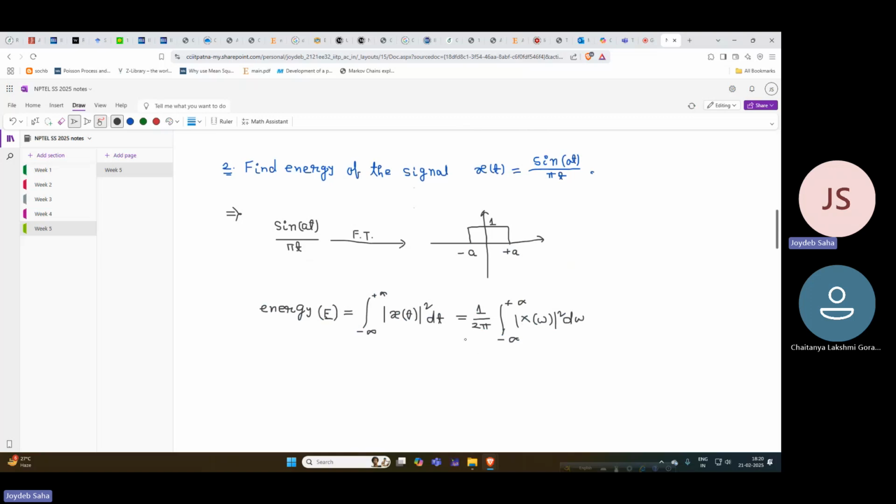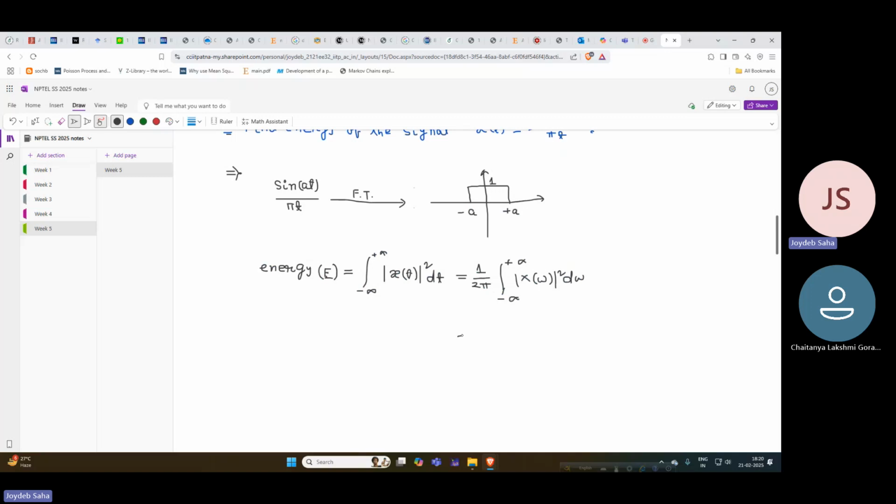So we can write it like 1 upon 2 pi times the integral from minus a to plus a, where X(omega) value is 1, whole squared d omega.